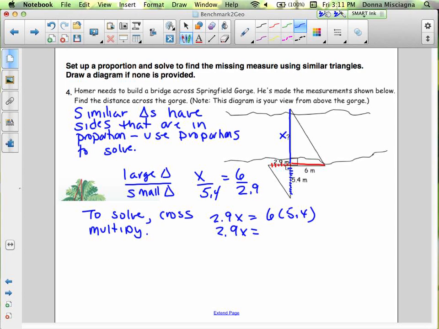I don't know what it is about decimals, not so much. I put the decimal in the wrong spot. Oops, the wrong thing. We were multiplying 6 times 5.4. So that's 32.4. We're going to divide both sides by 2.9 to solve. So you're going to cross multiply, and then you're going to divide to isolate your variable.